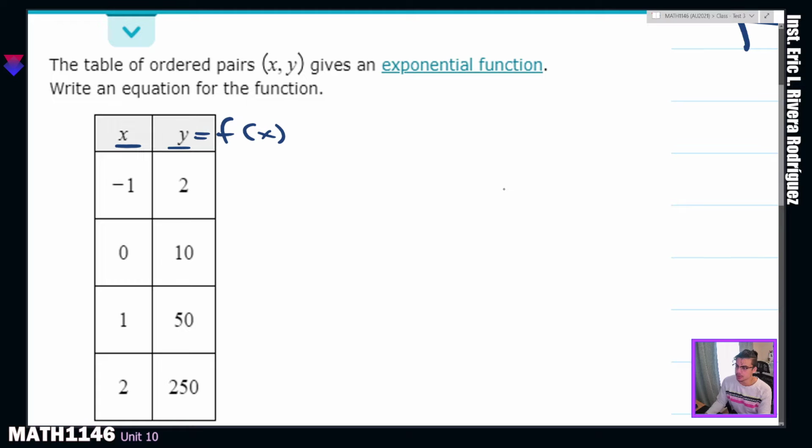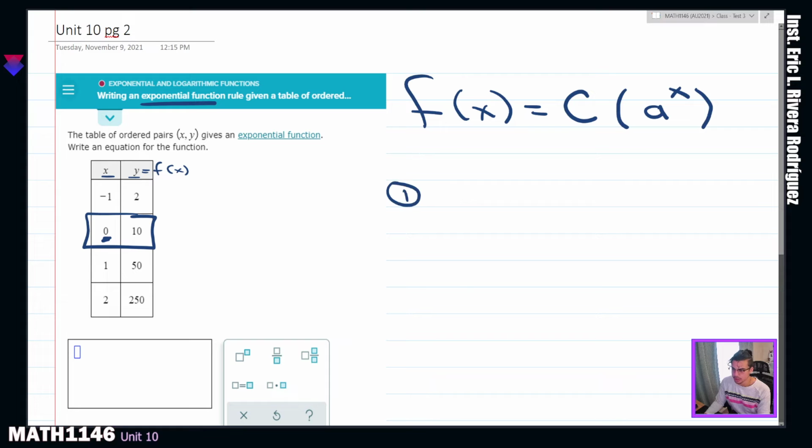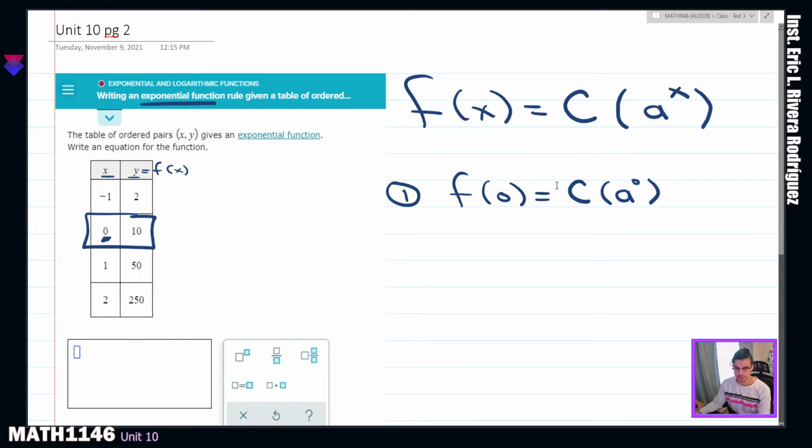So step number 1, and remember the initial value. Here's the initial value, the x value equal to 0. You will see that if we use the initial value, things get very easy, because it means that f of 0 is equal to 10. I'm not going to put 10 just yet. I'm just going to use the value of x in the parent function.